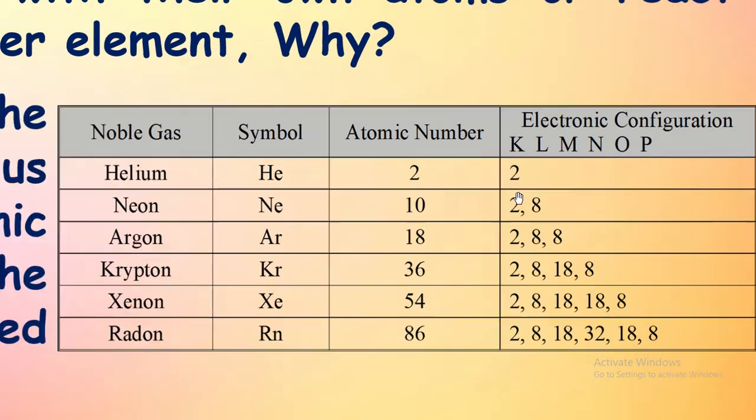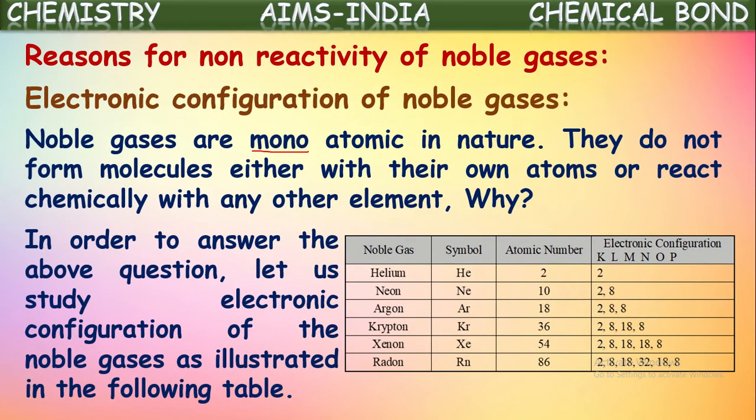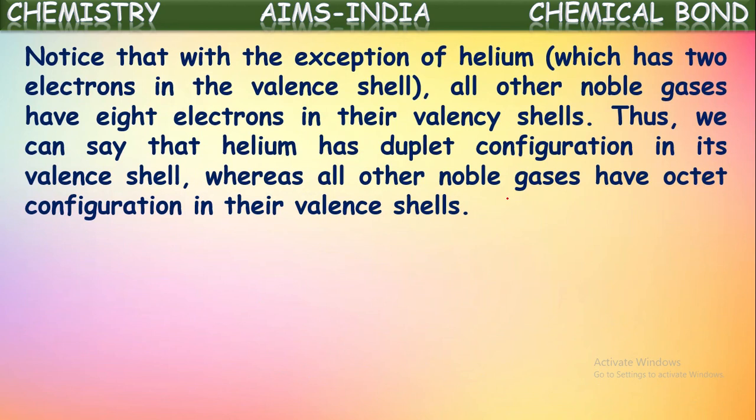Okay, let us see the explanation for this. We notice that, except helium, which has only one shell completely filled with 2 electrons, all other noble gases have 8 electrons in their valence shell. Thus, we can say that helium has duplet configuration in its valence shell, whereas all other noble gases have octet configuration.